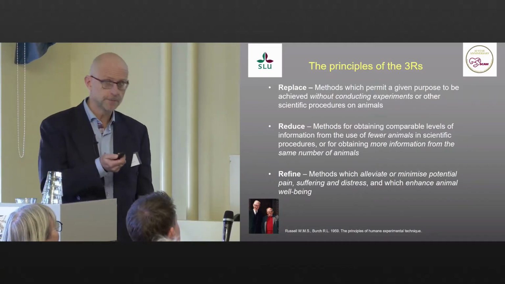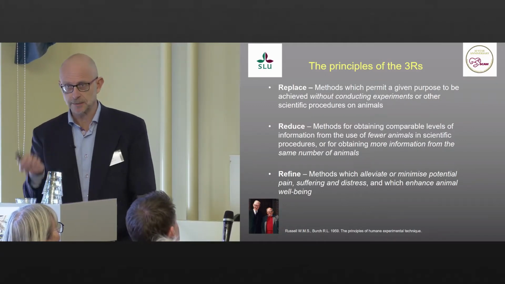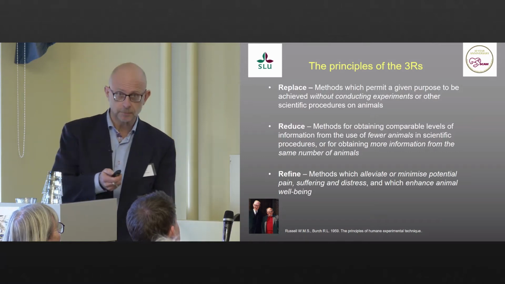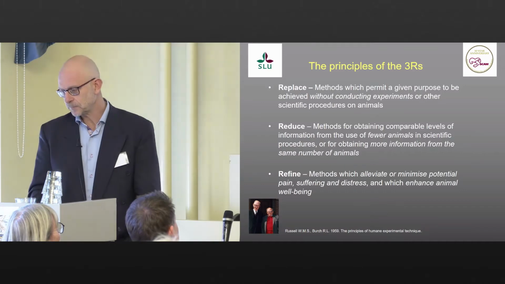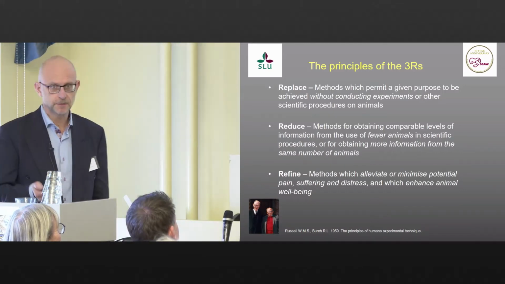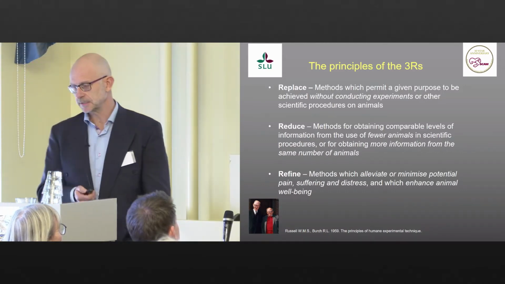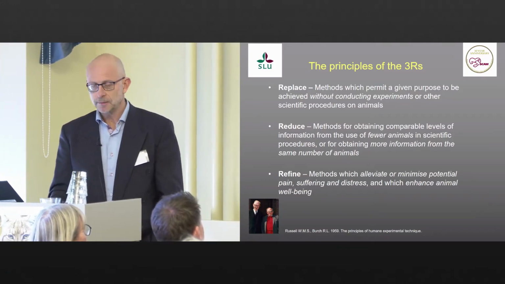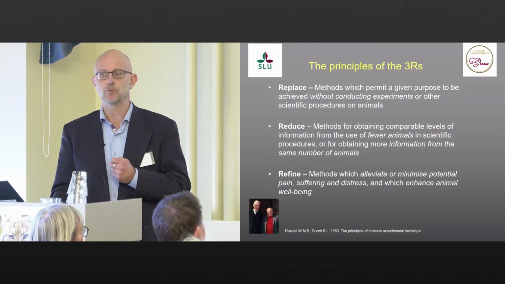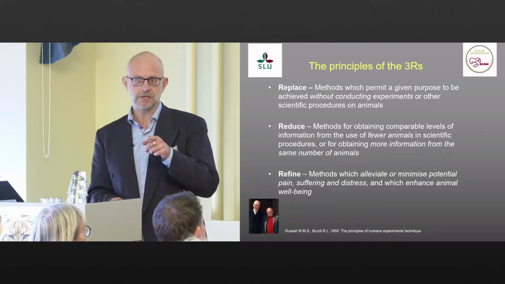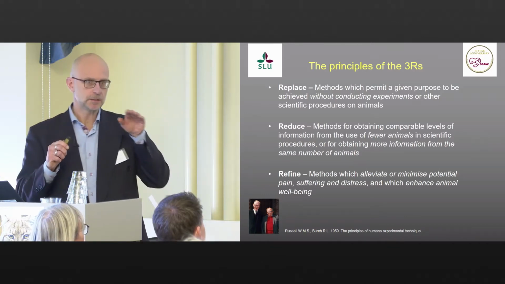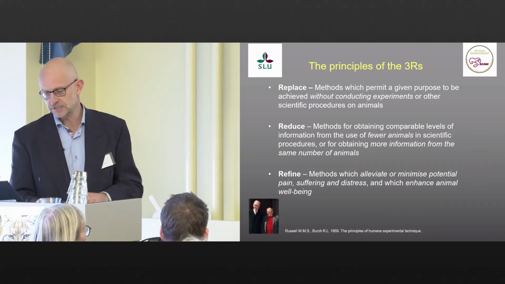And when you reduce, you can use fewer animals to get the same result, or you can use the same number of animals, but then get more information from them. And finally, refinement is to alleviate pain, distress, and suffering, but also to enhance the well-being of the animals used. Importantly, this should be done while at the same time keeping a good level of research quality.